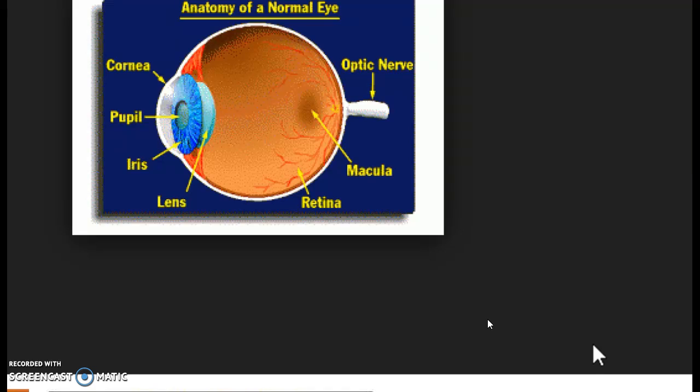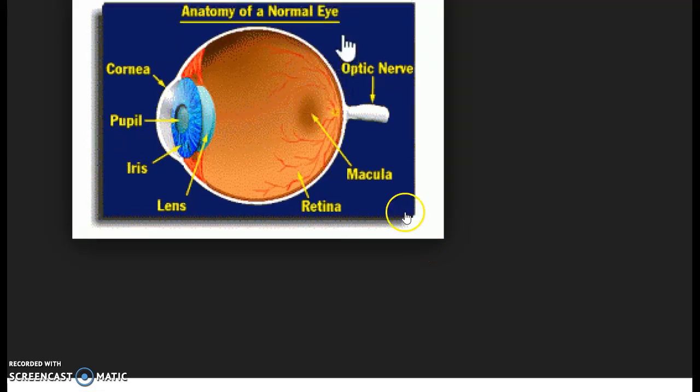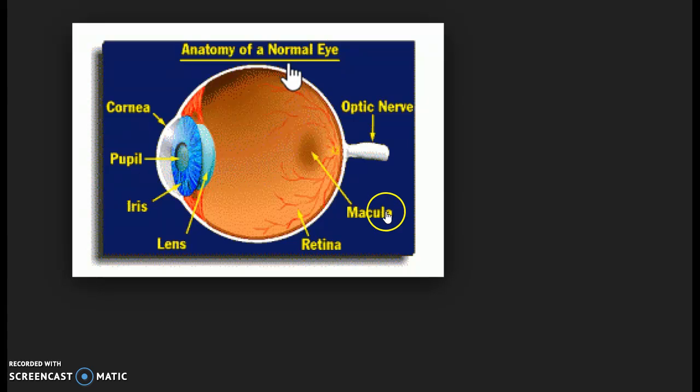So, to understand the actual disease, we need to talk about the eye a little bit. Here's a diagram of the eye. Now, we have these cells in the back of our eye called the retina, and these cells are basically light sensitive photoreceptor cells. What they do is they gather signals from light and send them to the optic nerve, and the optic nerve sends them to the back of the brain, to the occipital lobe, where it processes the image.